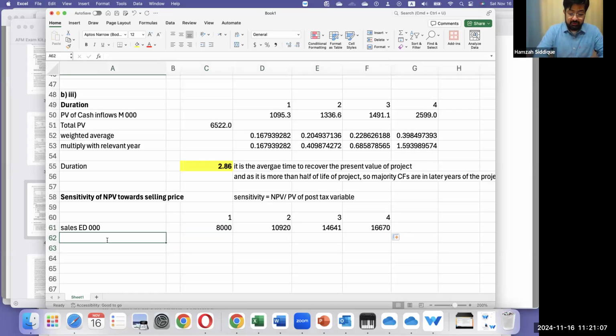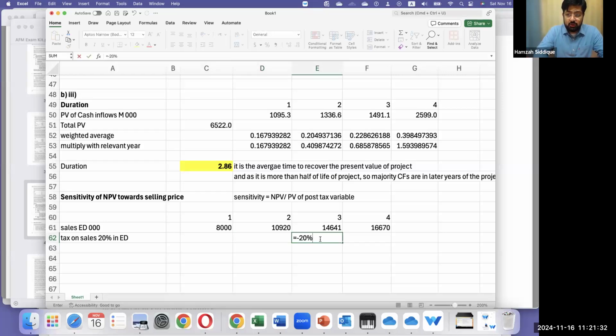Now, post-tax sales, 20%. Okay, for your understanding, tax on sales. I could have done it directly. 20% in the ED. Zero. The first 2 years, zero tax. 20%.